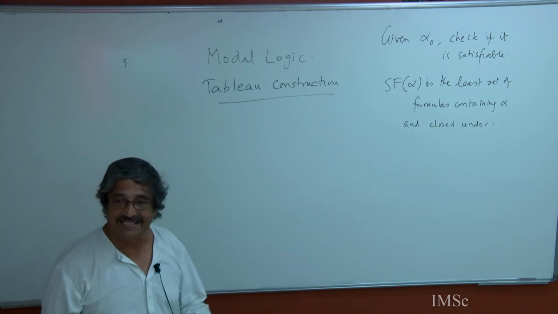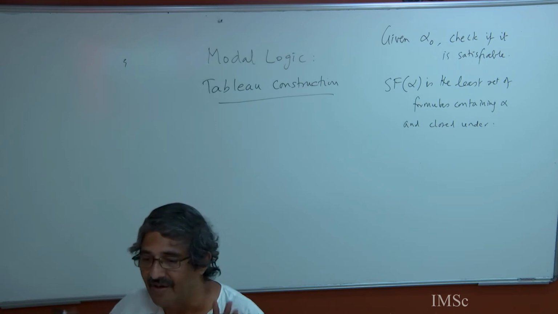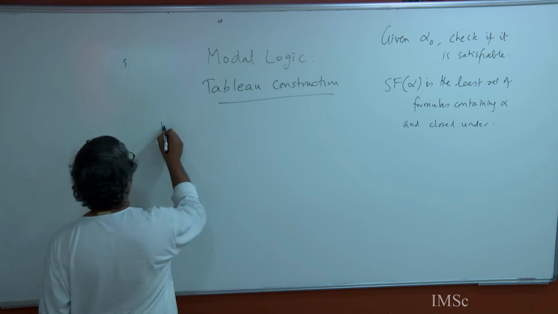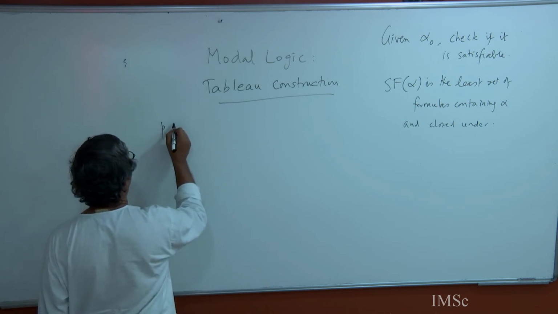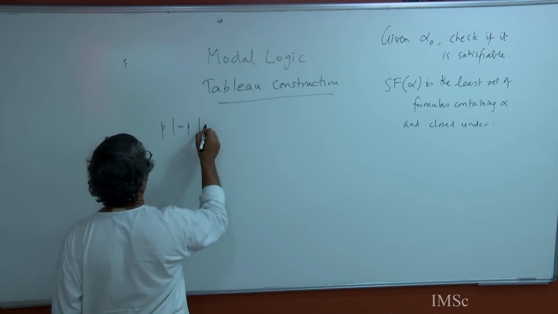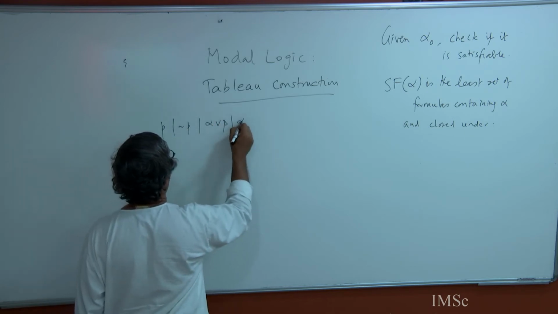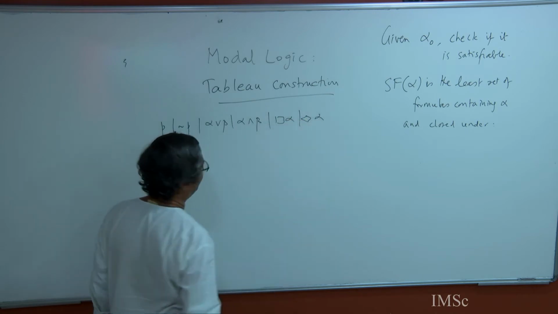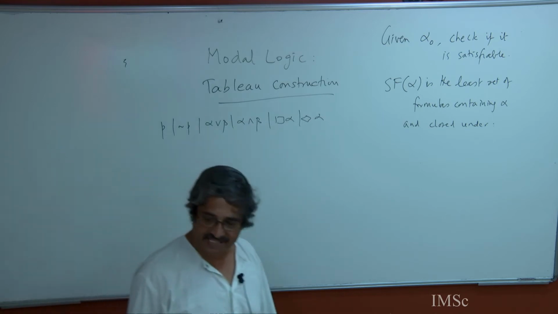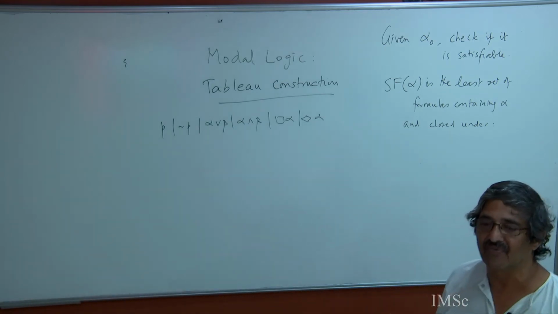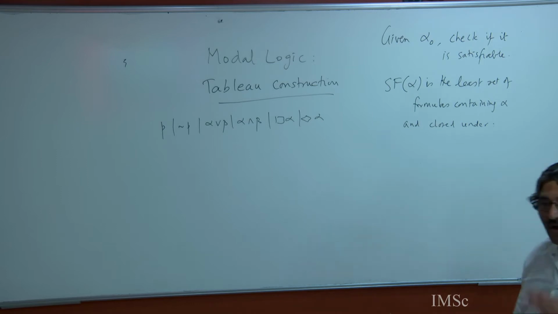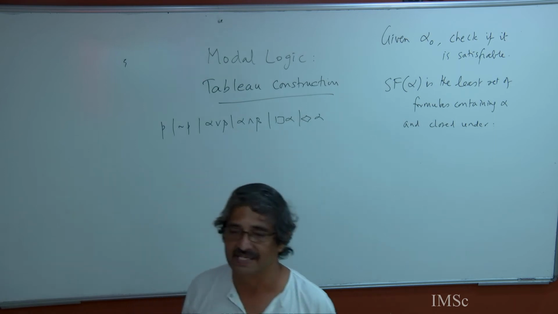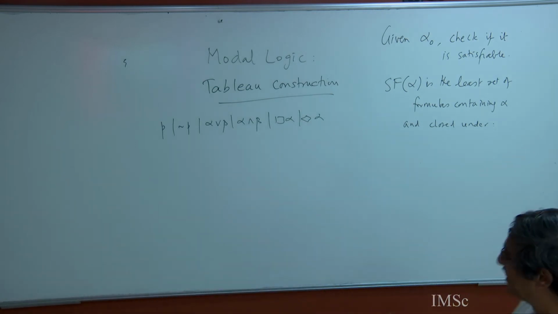Remember that I've already said that we will work with the syntax where we push negations all the way inside, so we don't have general negation. The syntax that we work with is P, negation P, alpha or beta, alpha and beta, box alpha, diamond alpha. So no implications, but basically Boolean formulas where all negations are pushed inside. So you have only literals and conjunction, disjunction, and the two modalities.